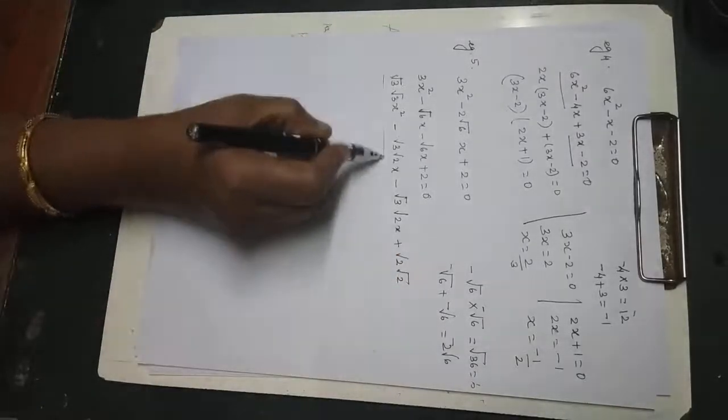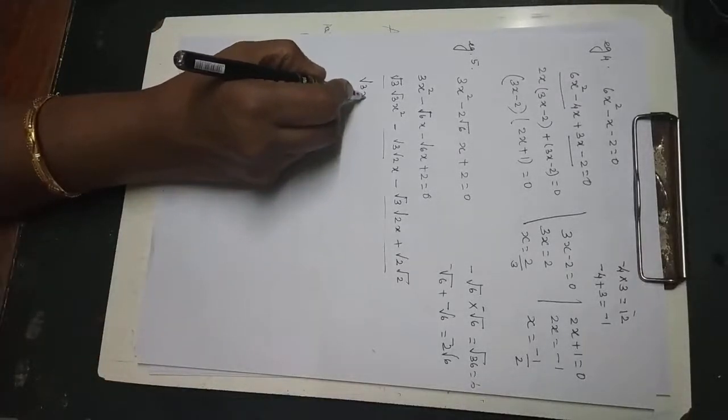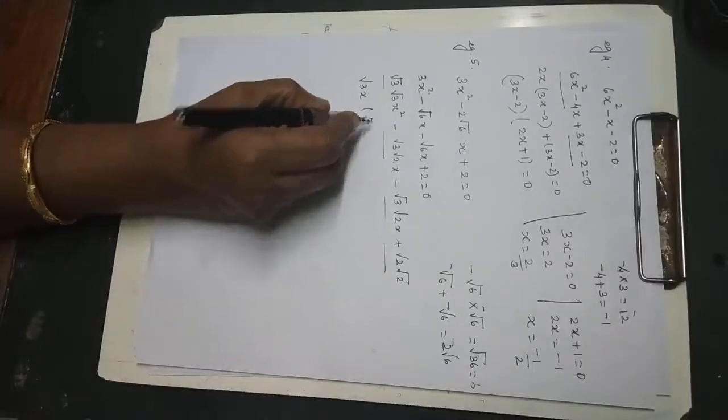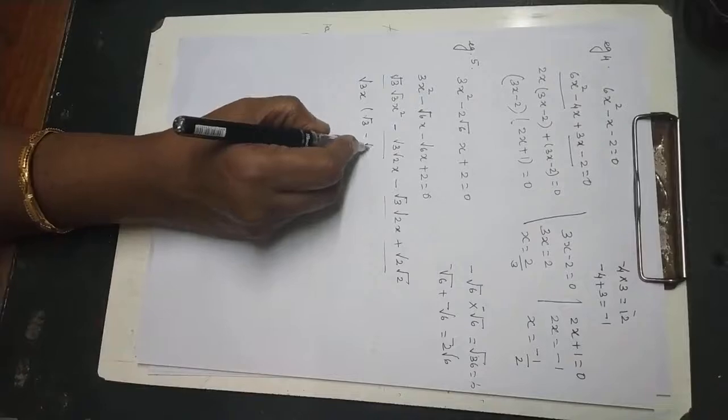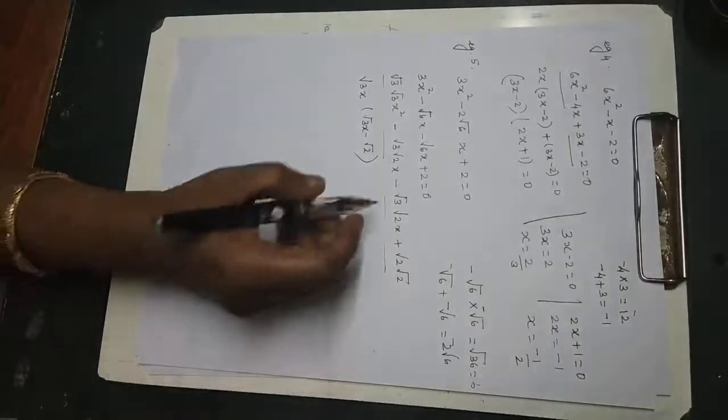Now you will get common. First, root 3 x is common there. So you will get root 3 x minus root 2.